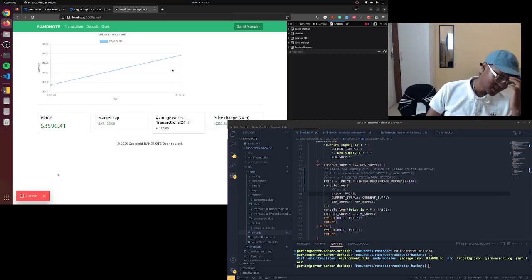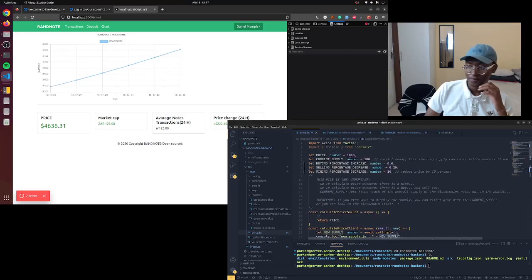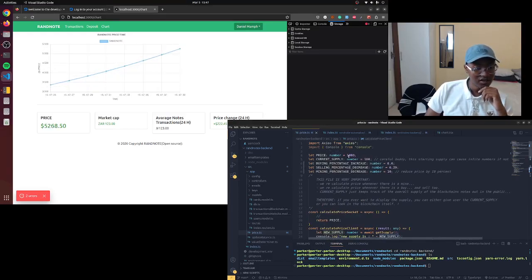Guessing price is steadily increasing. 3.59, 3.8, 4,000, 4,300, 4,006, 4,009, 5,000. I'm gonna have to reduce this value.